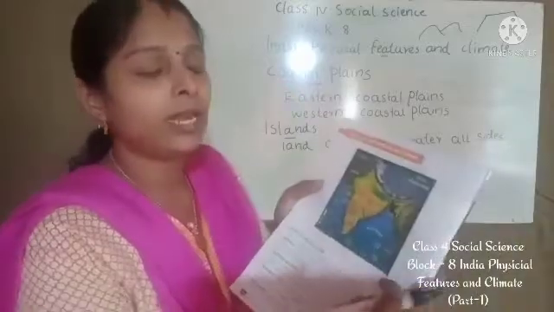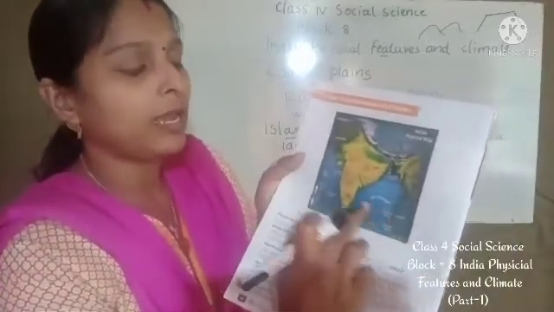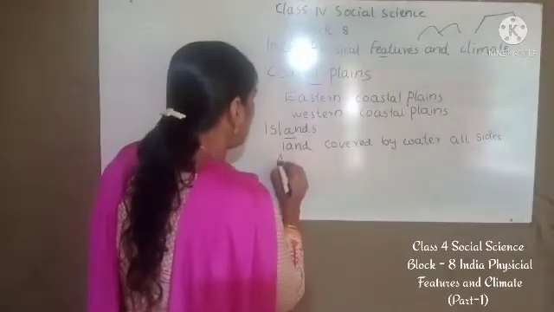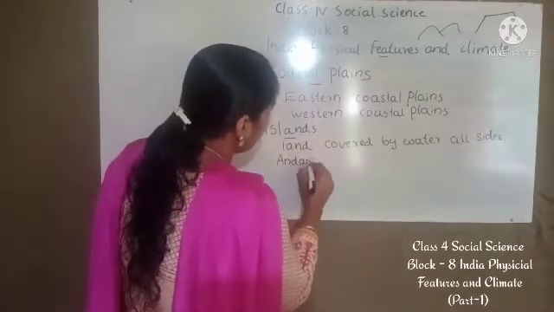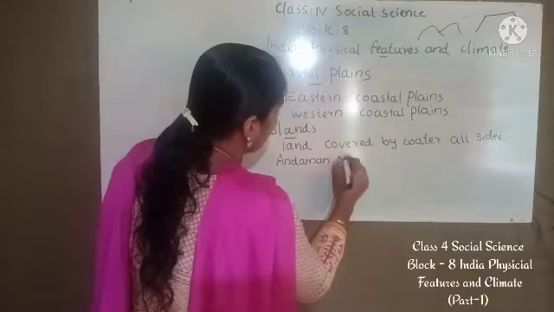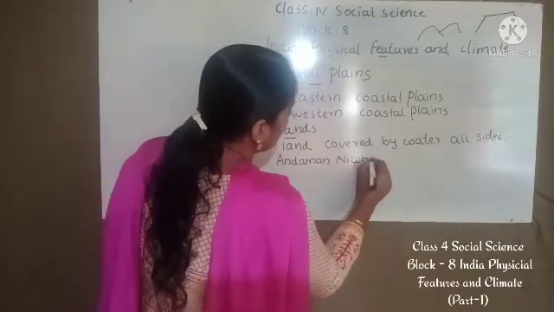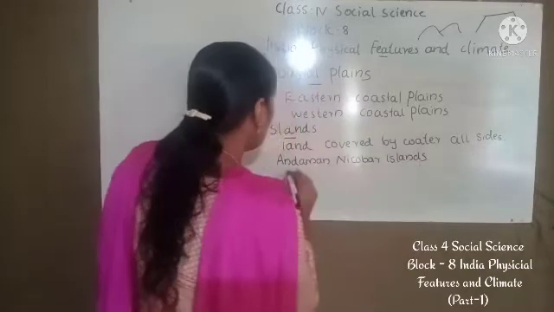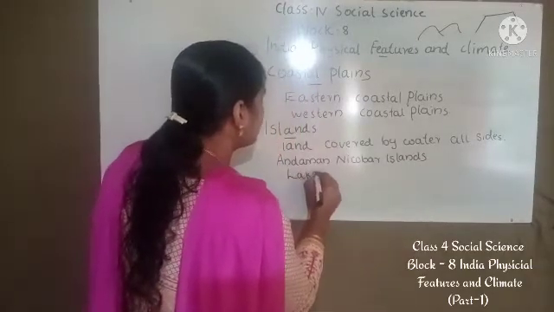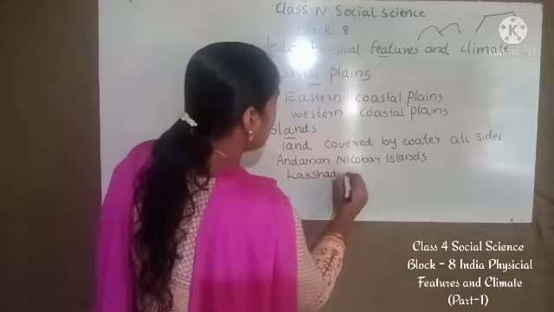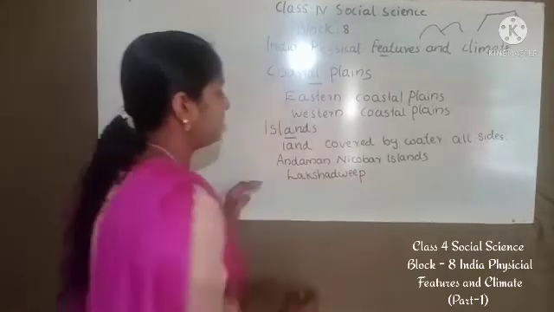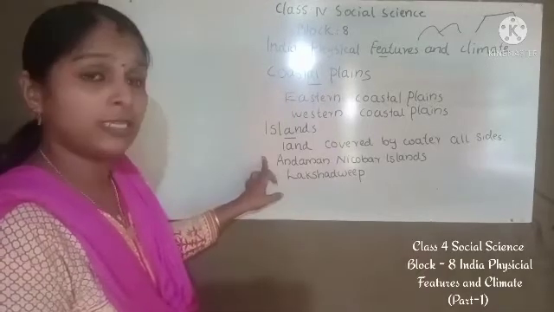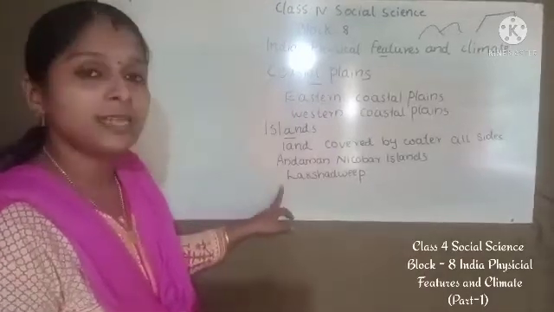Among these, the largest island group in India is Andaman and Nicobar Islands, and the smallest is Lakshadweep.